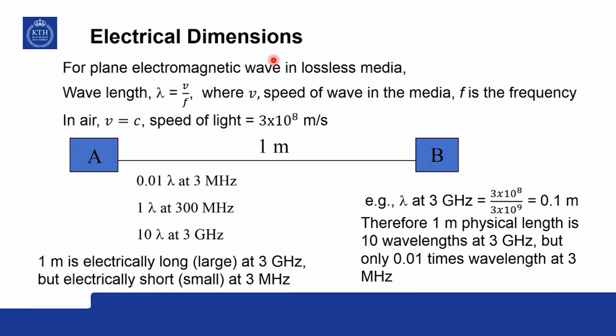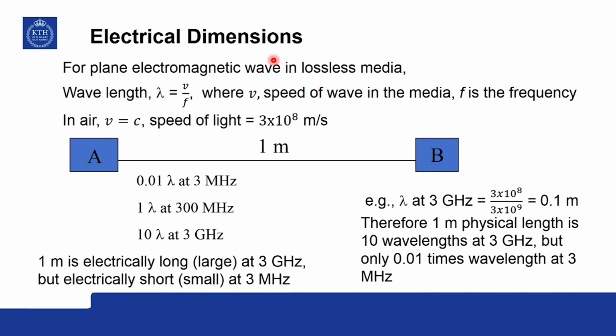We have a physical dimension, say 1 meter or 10 meters, and we have an idea of it in the mind. But in electrical engineering, whenever we have alternating currents, or in electromagnetics, spatial distances have some meaning, but more meaning is attached to electrical distances. So, that is what we will define here.